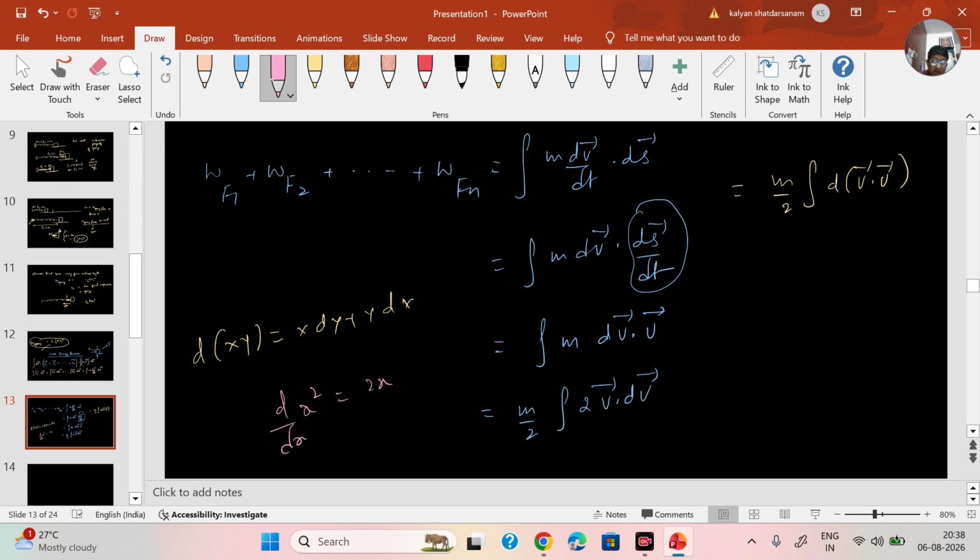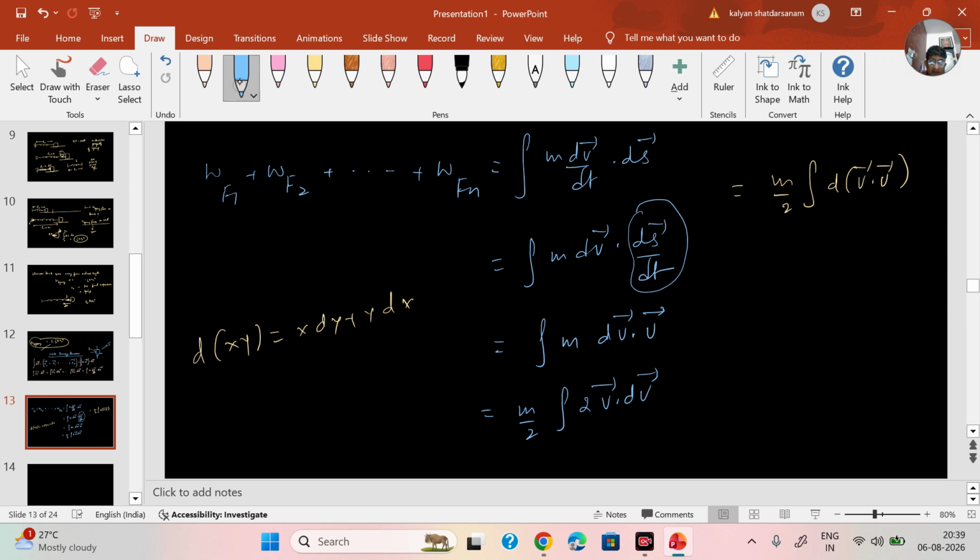But if I just write d of x square, it is 2x dx. I took dx to the other side. This is called writing as a differential. With respect to what variable you are differentiating, I don't know. You can do it by dt also, it's no problem. It becomes chain rule. Anyway, so d of xy is x dy plus y dx.